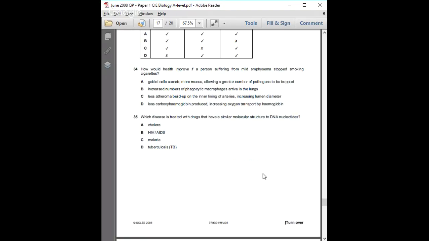Yeah, HIV enzymes use these DNA nucleotides instead of the actual HIV RNA, and that's what suppresses the virus in the body. But yeah, I'll double check that.